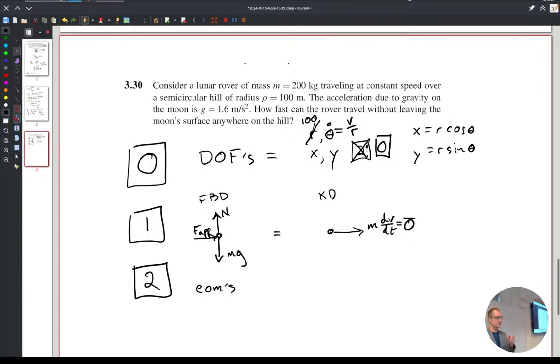Is there also friction here? There is friction. Drag is absent since there's no air on the moon. The moon doesn't have air, right? No atmosphere. There's dust, but I think it all just sort of settles.